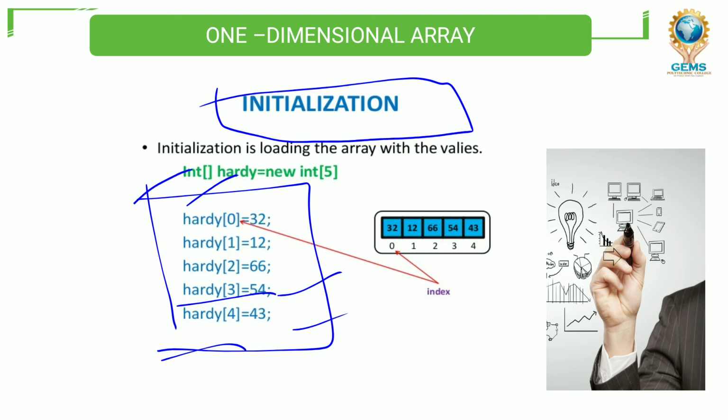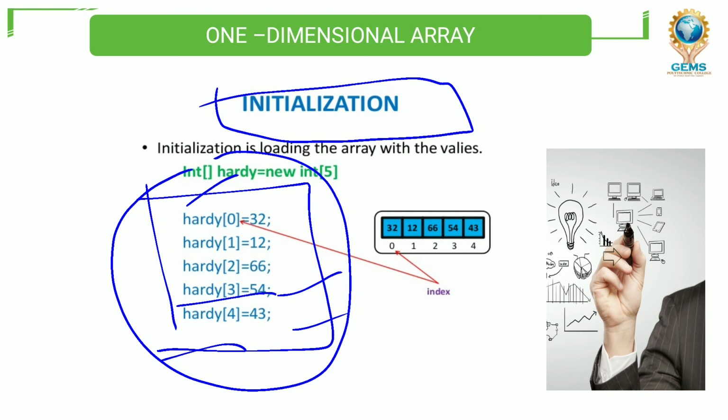So how elements are stored inside the array is explained here, everything is visible in a clear way. Position 0 means index 0, position 1 means index 1, 2 means index 2, 3 means index 3, 4 means index 4.